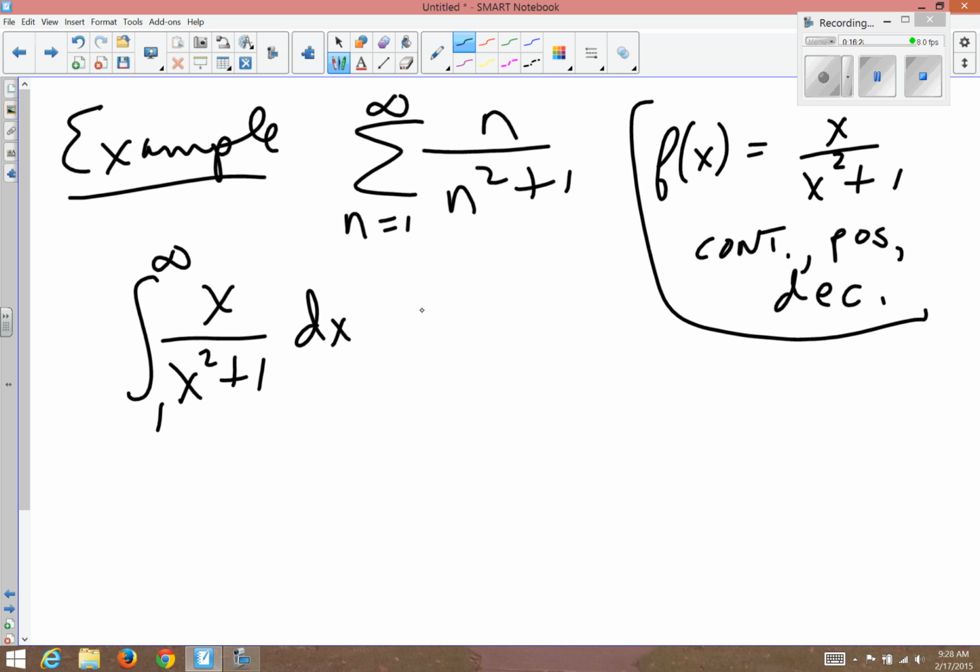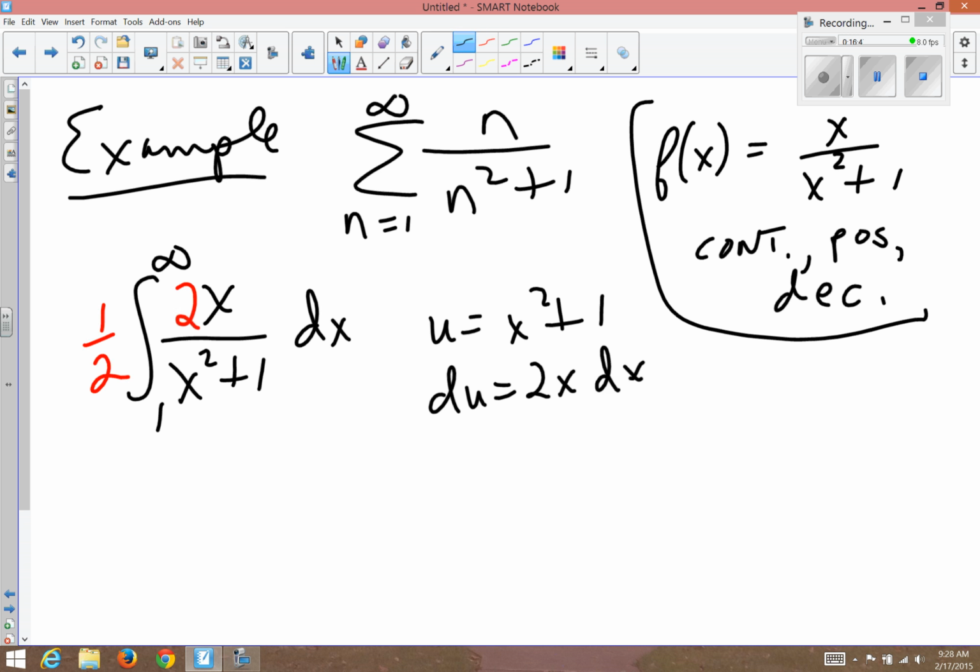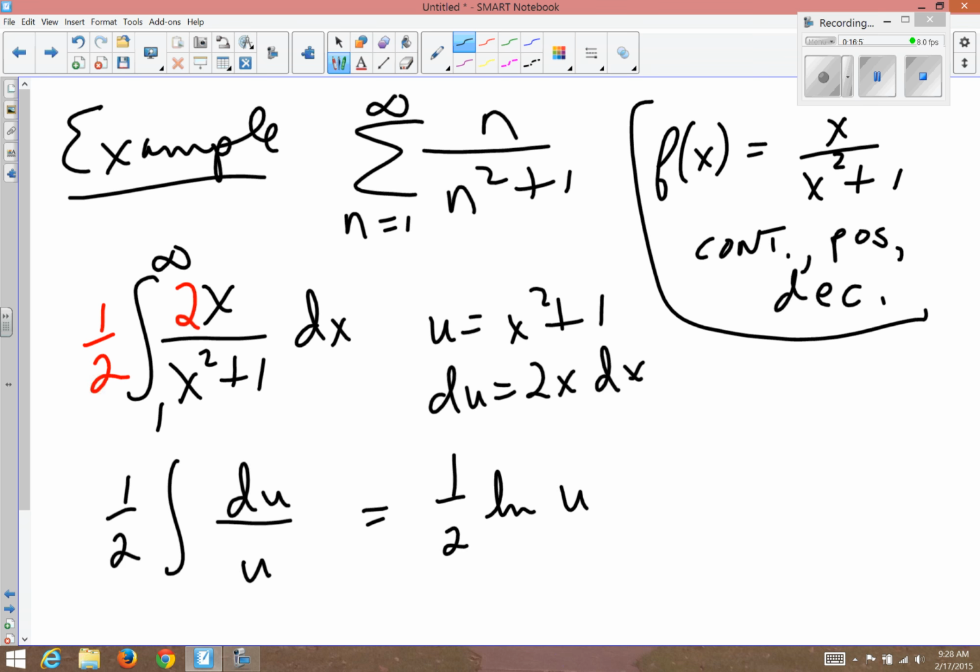To do this integration, we're going to let u equal x squared plus 1. The derivative of u would be 2x dx, which means the 2 needs to appear here. Abracadabra. But don't forget the 1/2. That's 1/2 the integral of du over u, which is 1/2 the natural log of u.